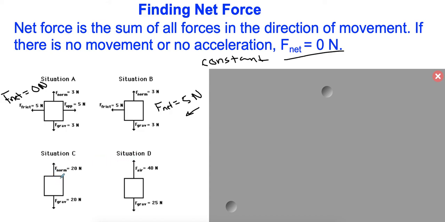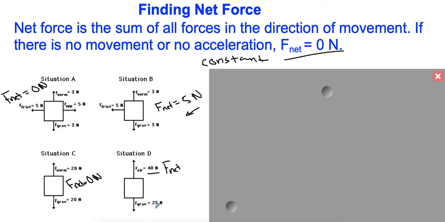Okay, so situation C, we have 20 and 20, so net force is 0. And then here we have gravity, 25 newtons pulling down, and air resistance, 40 newtons pushing up. So that means we have a net force.